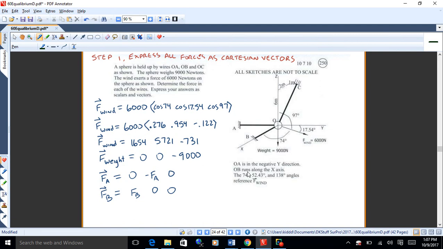Now notice FA and FB have unknowns in the vector, and that's fine. We just don't know the magnitude, but you know some other things about it, so you want to be able to write that vector up as shown there, okay? So there's a start on getting those forces, you might say vectorized. I don't know, that's not really a word, but we could make it into one.